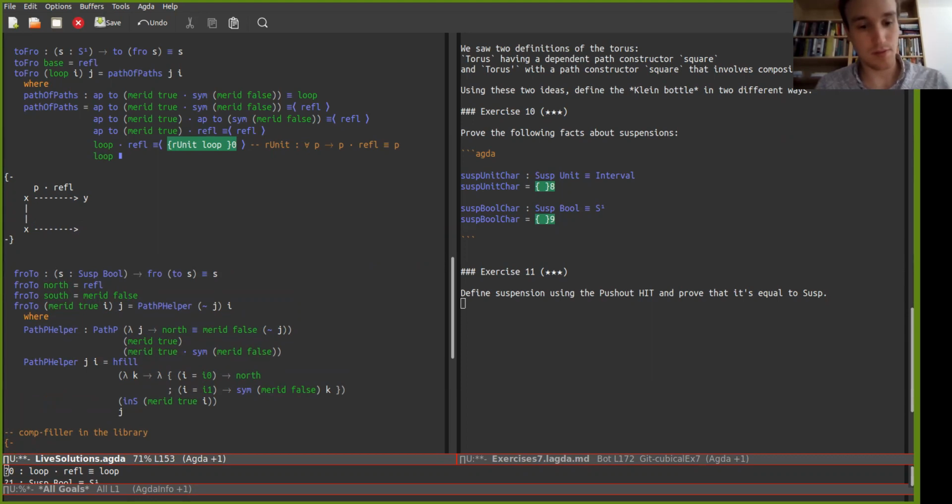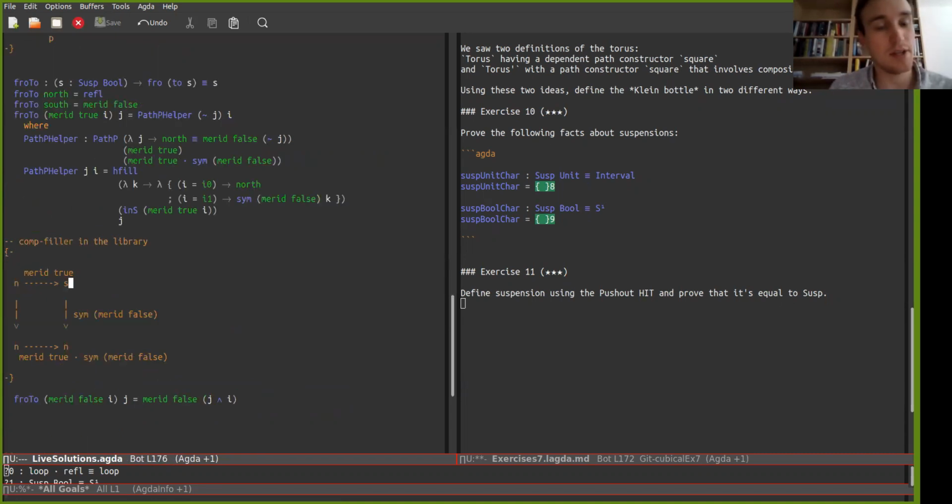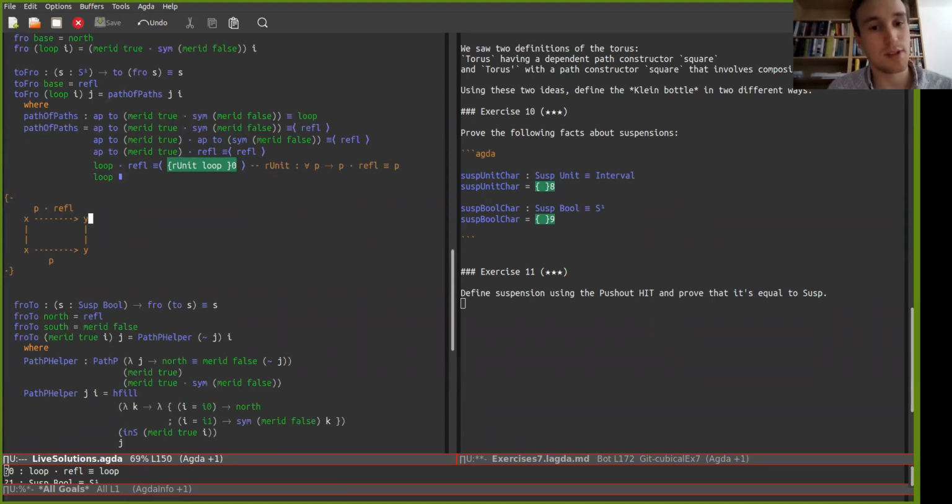This will be P. So if you interpret it as a path P the same way here, but just flipped, right?